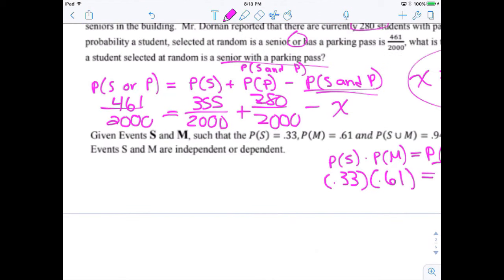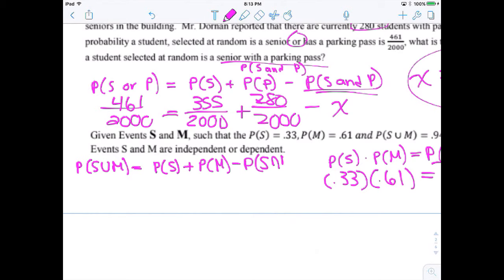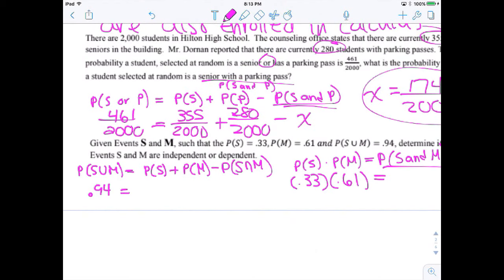So I know that the probability of S or M should equal the probability of S plus the probability of M minus the probability of S and M. So that's exactly what we did on the last problem. So this is going to be 0.94 equals 0.33 plus 0.61 minus our x value there.